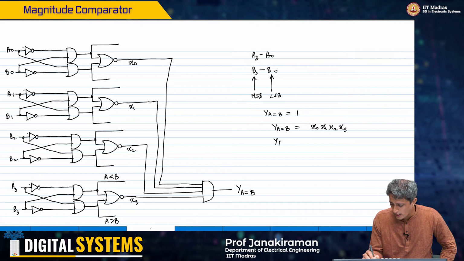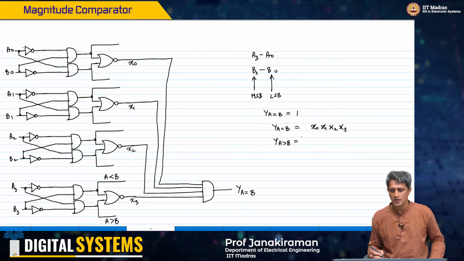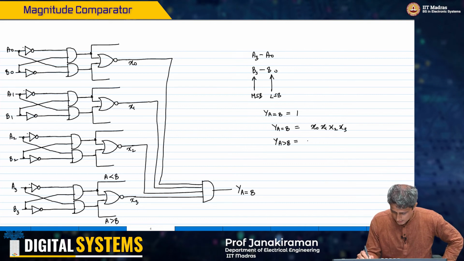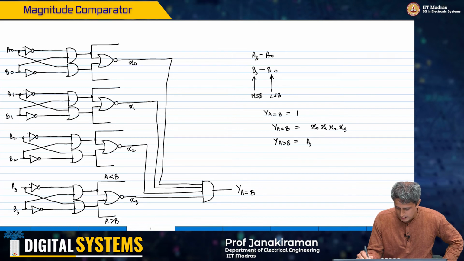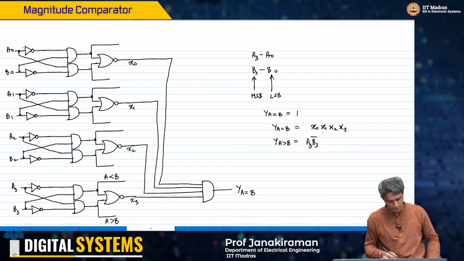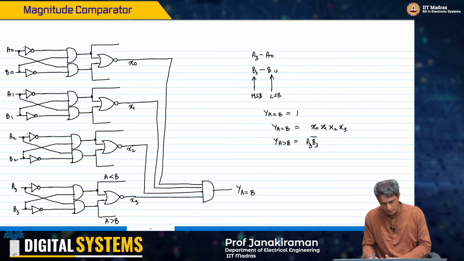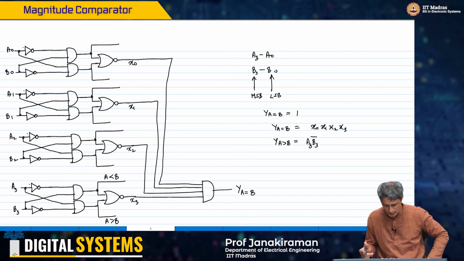Now, when can Y A greater than B be true, right? This is true if, first of all, the A3 case, it should be A3 B3 bar, right? A3 B3 bar is needed there, okay?